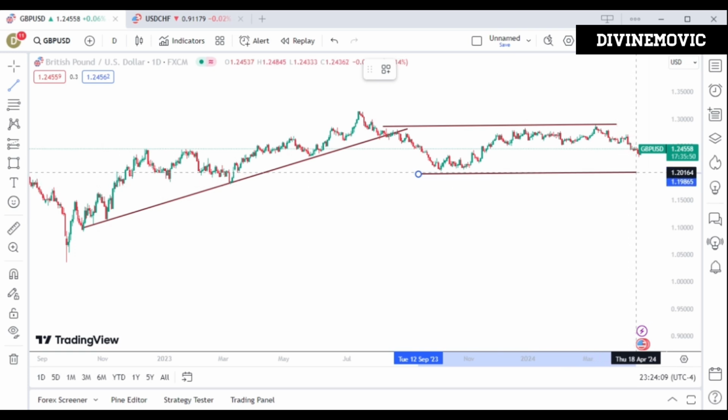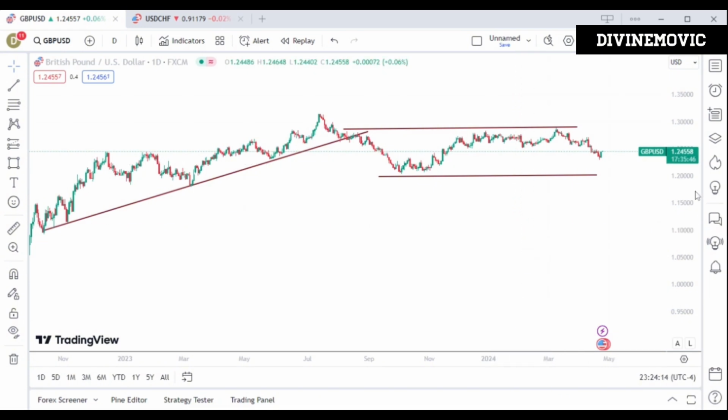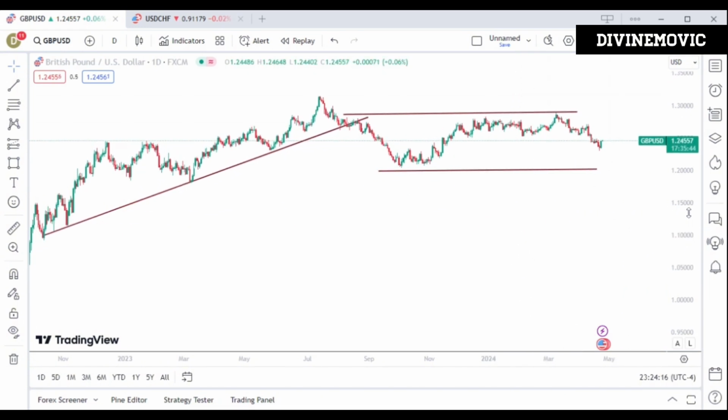Now, what we want to do right now is to understand if we are going to buy or if we are going to sell. For us to buy, we want to simply see price get to this resistance key level, break above it, and then give us a change of character to the upside. Or we want to see price get to this resistance key level and give us a change of character to the downside.